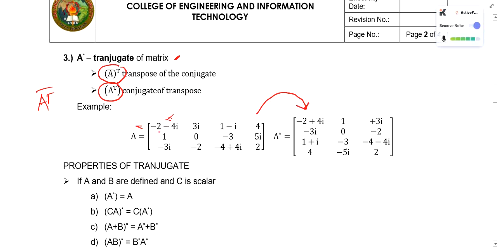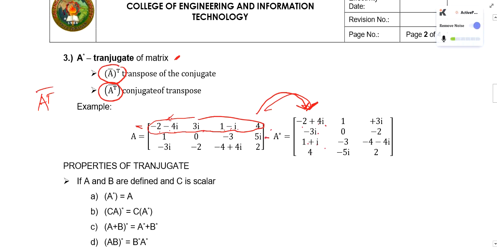So ito, negative 2 minus 4i, ito munang row. So negative 2 minus 4i magiging negative 2 plus 4i. Yung 3i magiging negative 3i. Yung 1 minus i magiging 1 plus i, and 4, that is just a number, 4 pa rin.